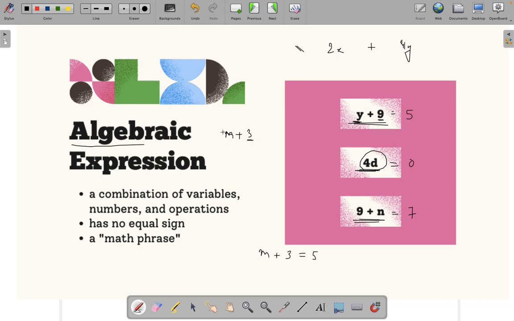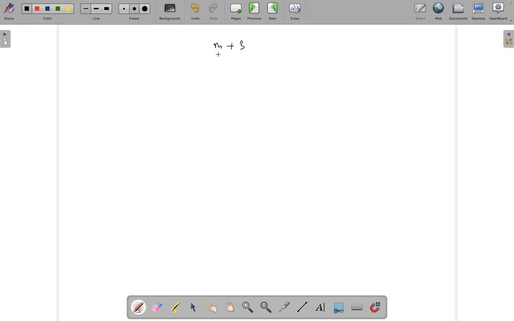But would you be able to find the value of m using this, if I just give you m plus 3? No, right? This is an algebraic expression, so you cannot solve an algebraic expression. You can only simplify it.